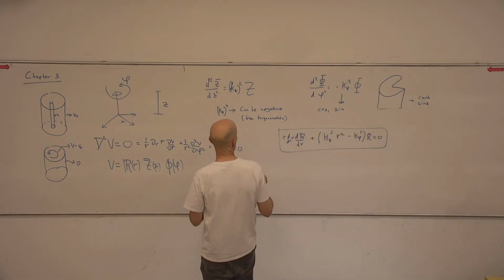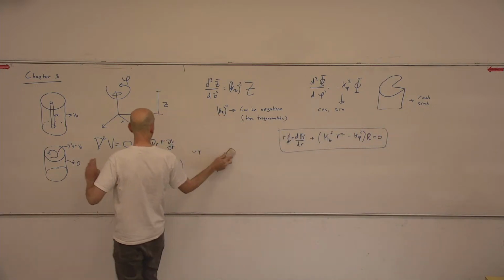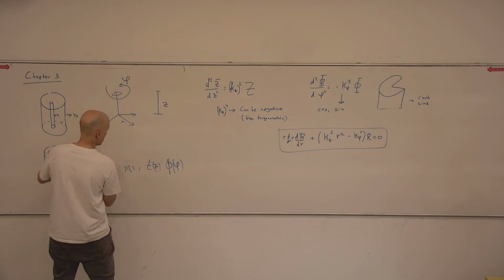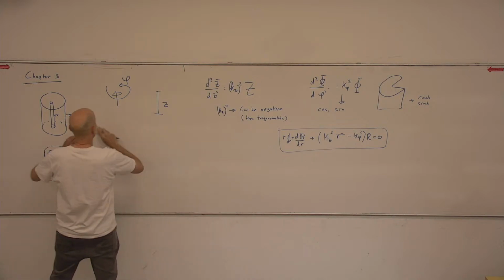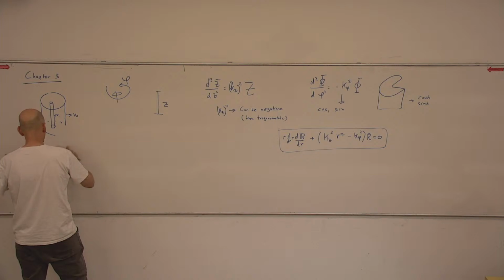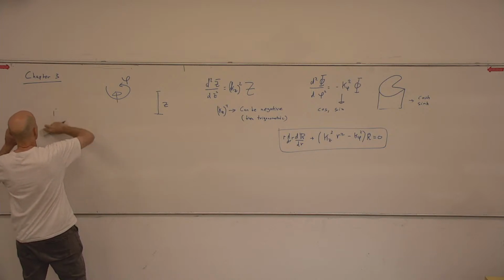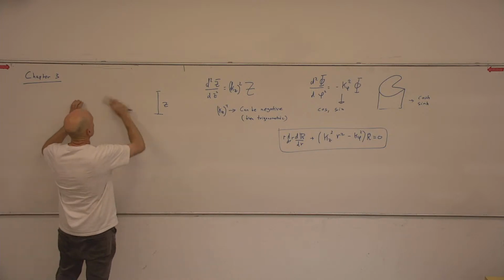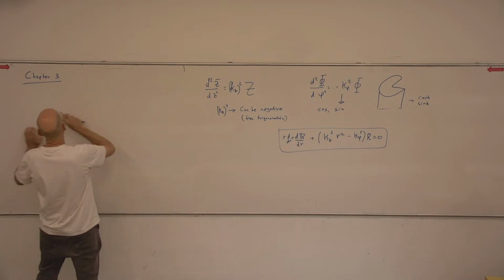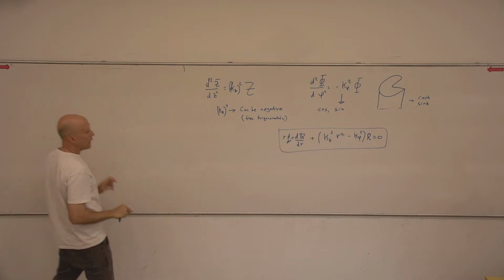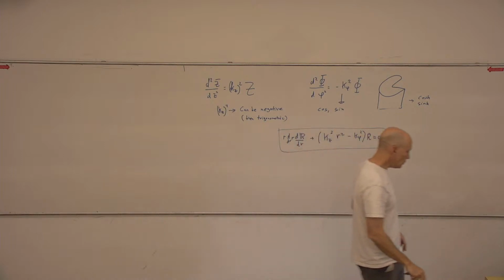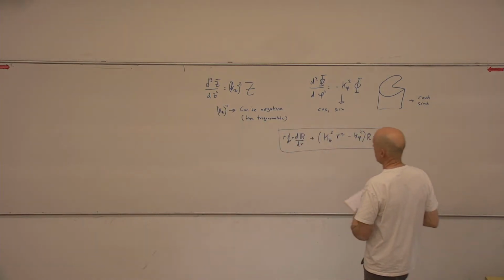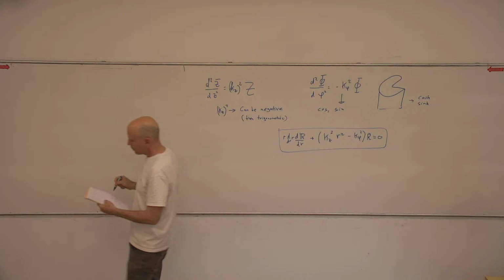So the easiest thing to do, first of all, before advancing, is to solve the trivial equation for phi and identify what k phi is. And this comes from the periodicity.